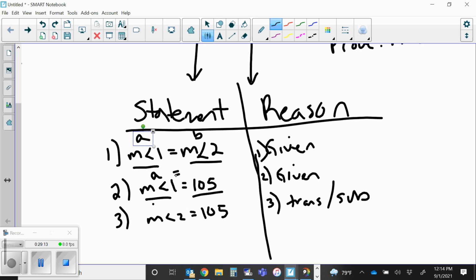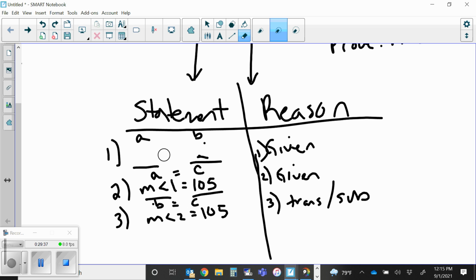A equals C. Then B equals C. Is that still the transitive property? Yes. Because technically, what could I do to this 1 and 2? Does it have to be measure of angle 1 equals measure of angle 2, or could I do measure of angle 2 equals measure of angle 1? Can I switch these? Yeah, you can.